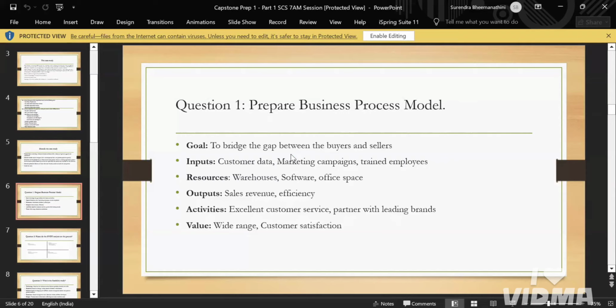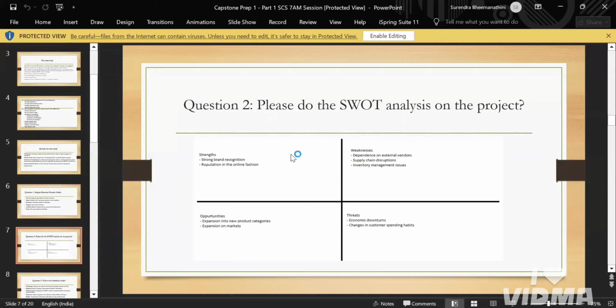Then the second one is SWOT analysis. You need to analyze the strengths, weaknesses, opportunities, and threats. You need to note down the strengths of this project, the weaknesses, the opportunities, and the threats.